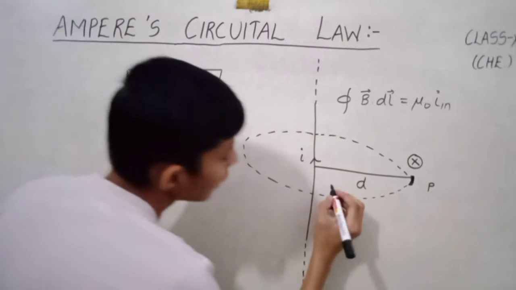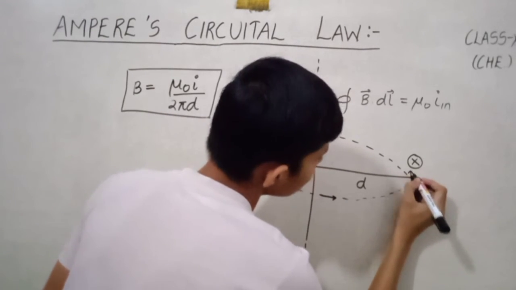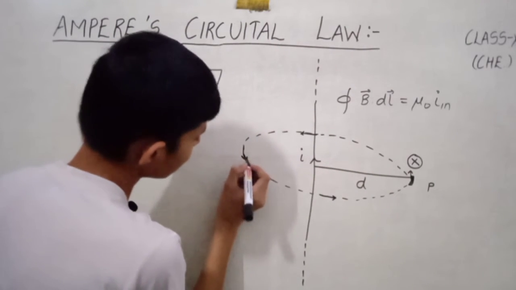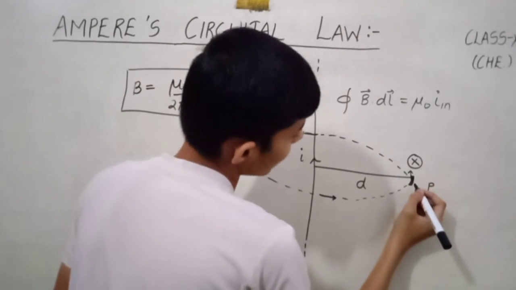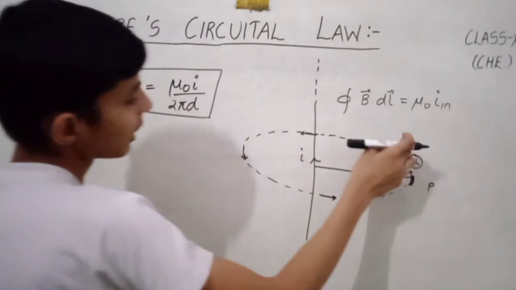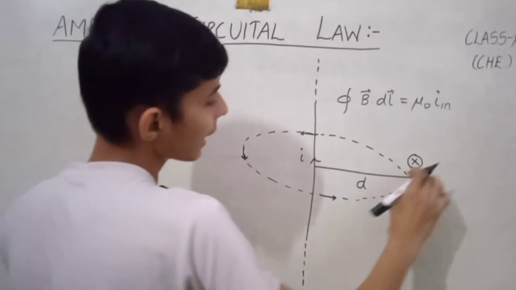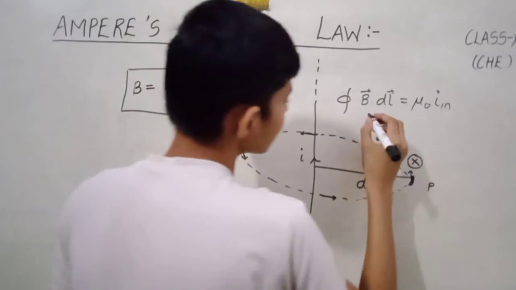The direction of the magnetic field is like this, and the direction of the element is also in the direction of the magnetic field. So we can say that the angle between the element and the direction of the magnetic field is 0.